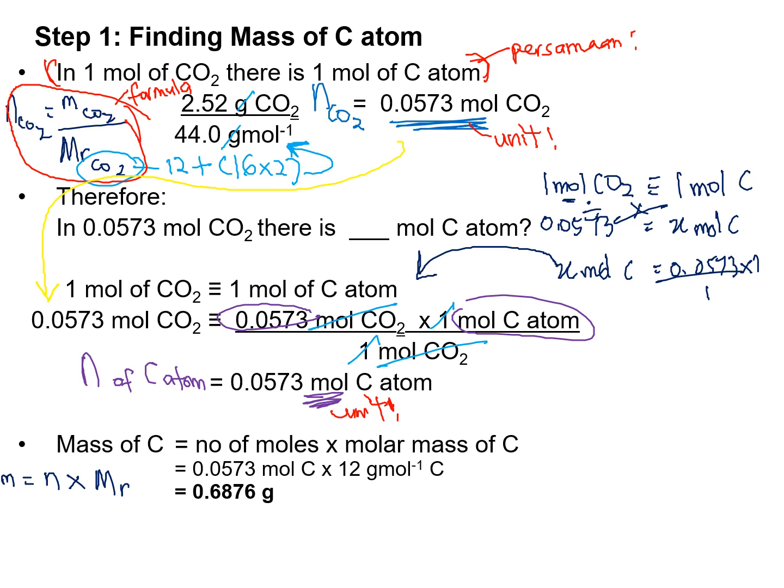Number of mole of carbon dah dapat belum? Dah dapat dah. Inilah dia number of mole of carbon. Dah dapat 0.0573 kan? Masukkan di sini. Molar mass of carbon atom. Tahu tak? Tahu. Daripada mana? Periodic table of element. Masukkan kat sini. So you know that the mass of carbon atom is 0.6876 gram.